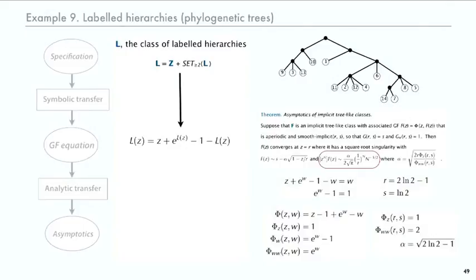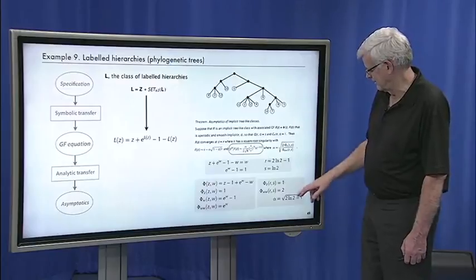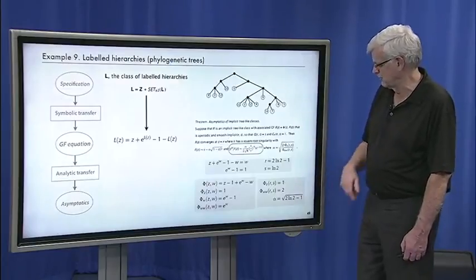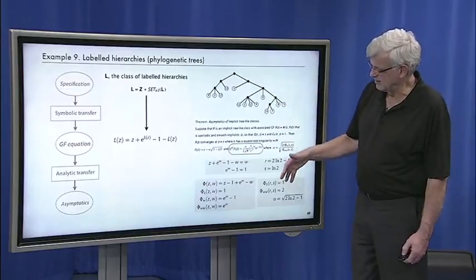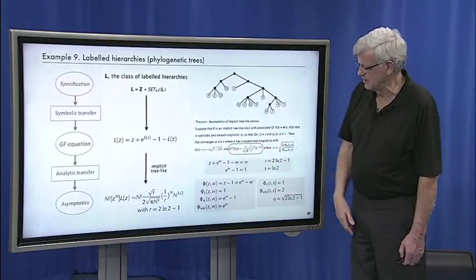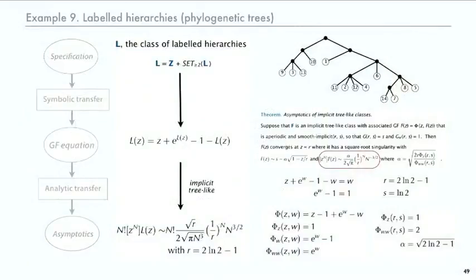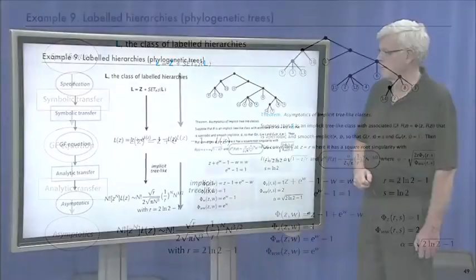So that means alpha equals the square root of r, which is the square root of 2 log 2 minus 1. So those simple calculations, boom, give us the complete coefficient asymptotics for this class of labeled hierarchies. It's an implicit tree-like class, and we have top-level analytic combinatorics getting us right to the coefficient asymptotics.